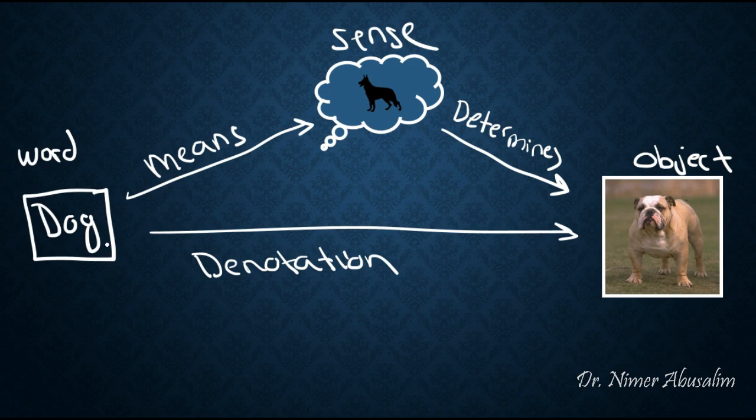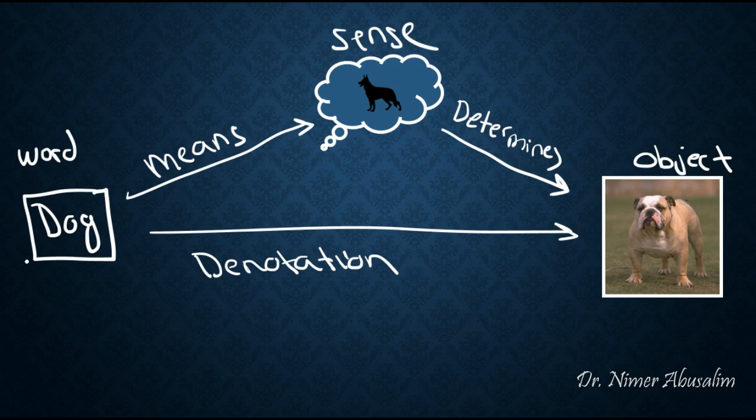Under the denotational theory, the linguistic expression or the word dog means its denotation, which is the actual object in the world. We said one of the problems was that sometimes there is no object in the world, like in the case of unicorn.